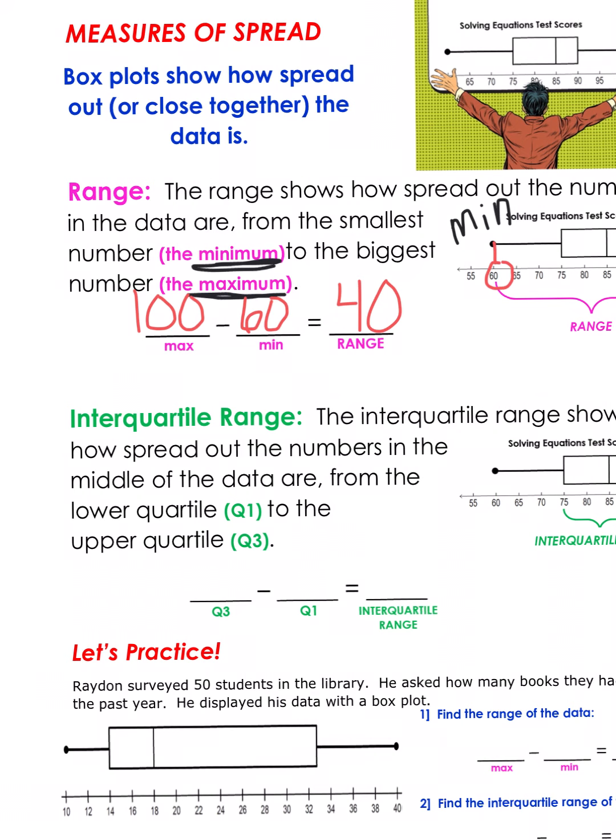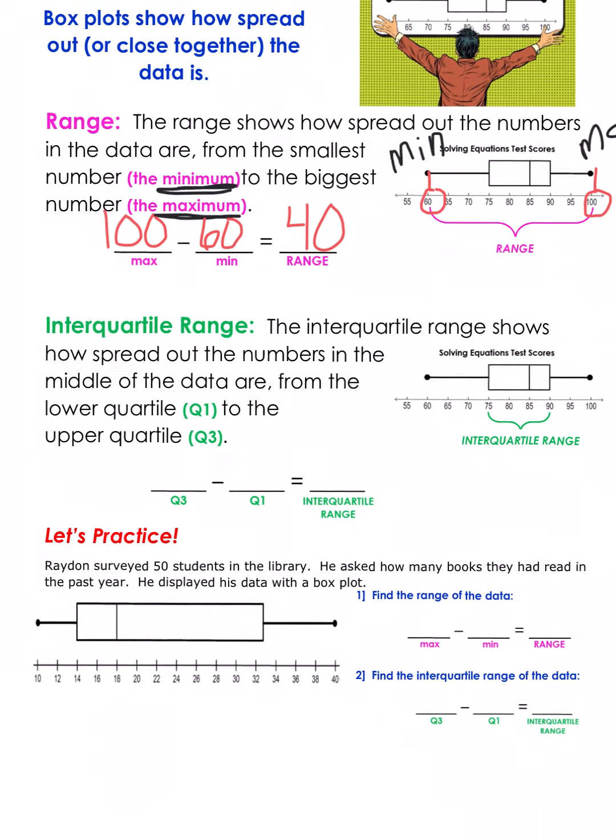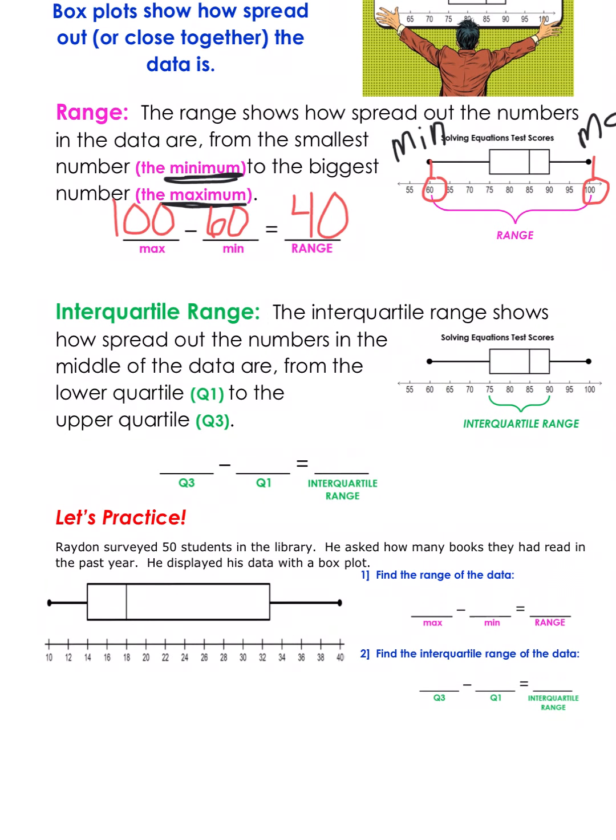Okay? Now, we're also going to talk about interquartile range. The interquartile range shows how spread out the numbers in the middle of the data are, from the lower quartile to the upper quartile. Remember, we talked about that in the last set of notes. So I'm going to zoom in here.